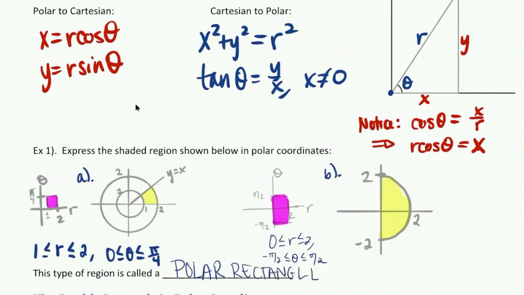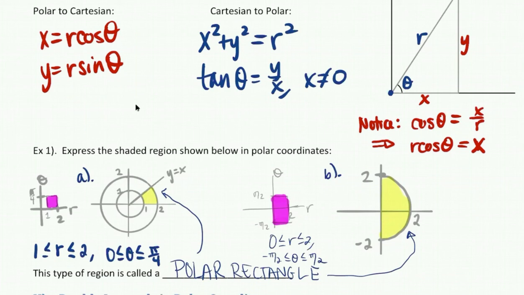Polar rectangles are going to be great candidates for switching to polar coordinates, because when you translate them to polar, you get rectangles, and then in polar, we're going to have nice, easy bounds.